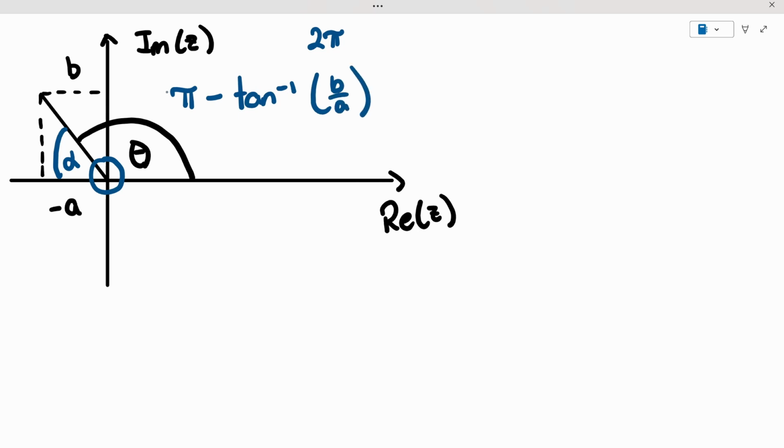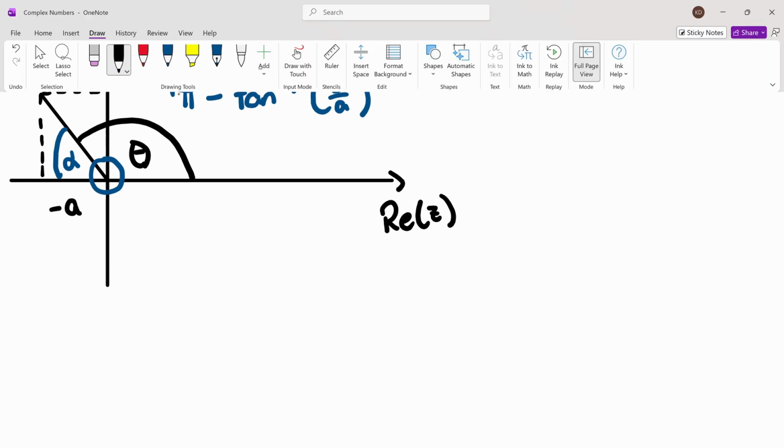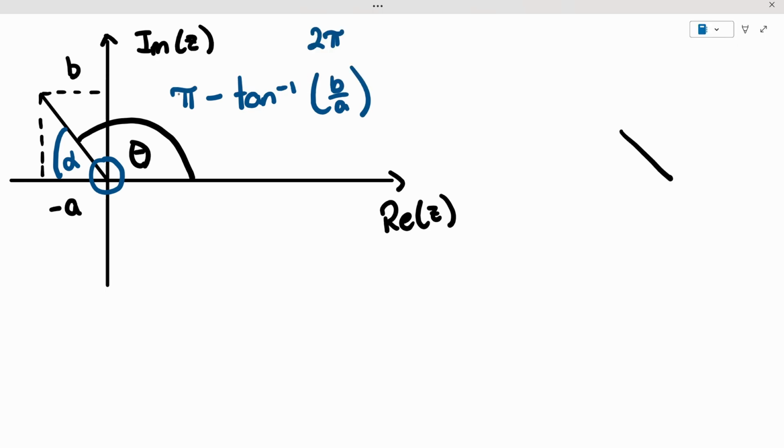Now, why is it b over a and not b over minus a? Because to get this tan inverse figure here, we're thinking of it like this. We want the angle here, and we have opposite and adjacent. So if we do it like this, we are not concerned with the sign.